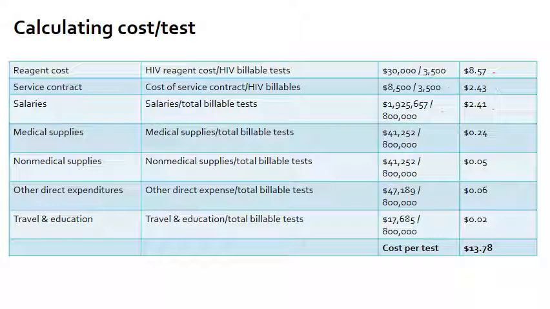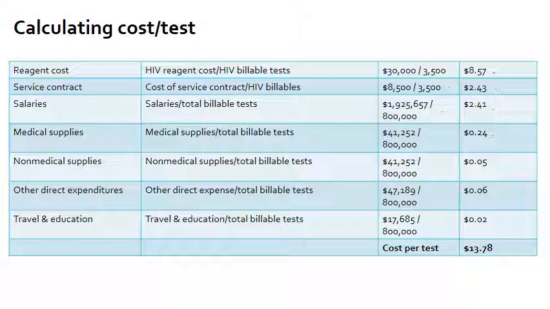We take the total medical supplies, how much we spend on all that stuff every year, and then divide it by the total number of tests. That's the easiest way to do it. You could get crazy: how many require phlebotomy, how many don't? That's probably too difficult to figure out that way. So just divide it by the total billable tests. And then you see here, 24 cents you're going to add to the cost of that test.